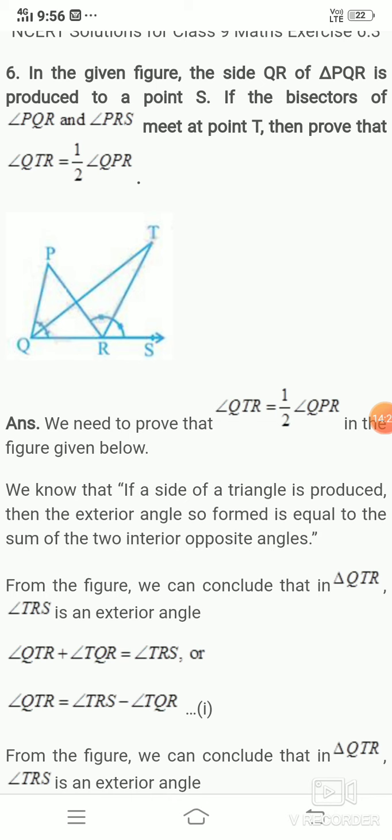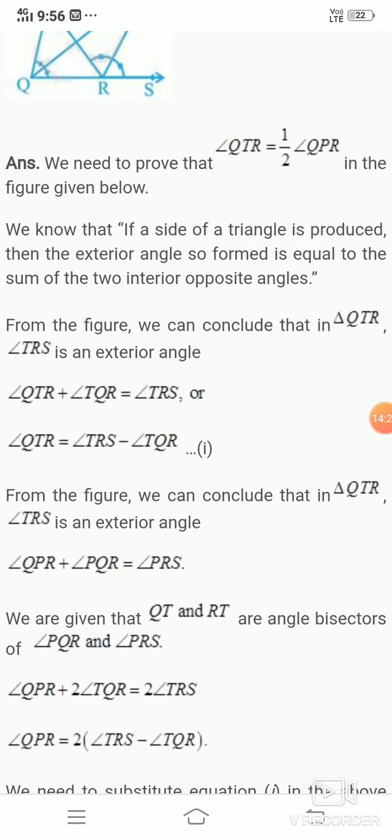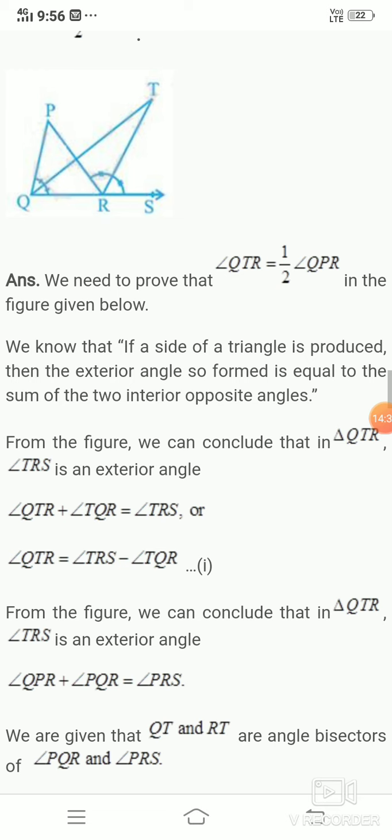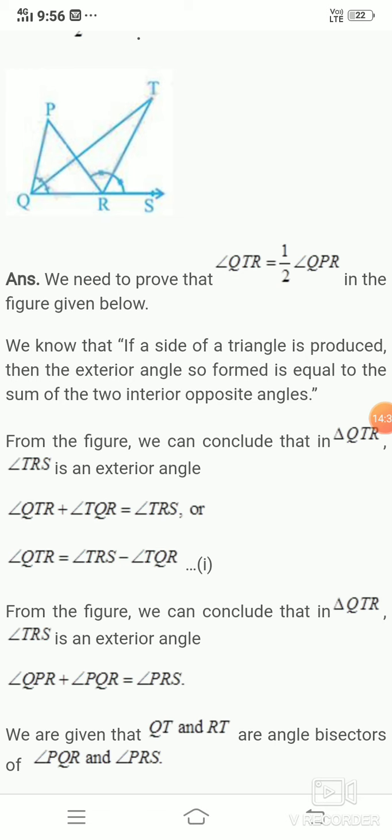Now come to the next triangle, QPR. The same sentence is repeated, just change T to P. In the triangle QPR, PRS is an exterior angle.